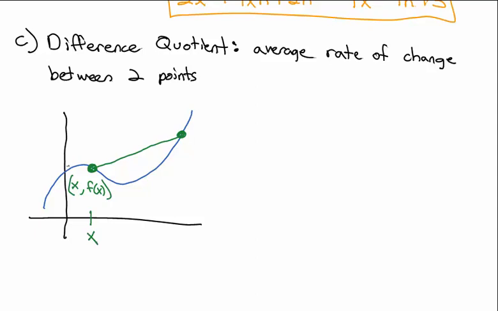So at x, it has a height of f of x. The second point over here, we're going to say moves over a distance of h. So if we move over a distance of h, that's going to be x plus h for the first coordinate, comma f of x plus h for the height.